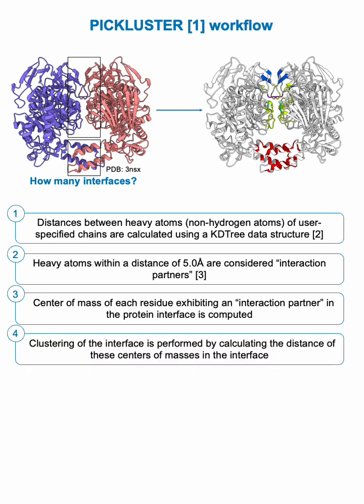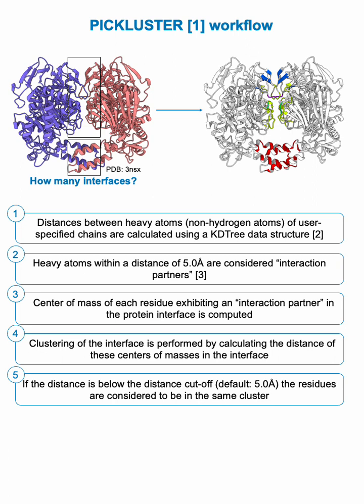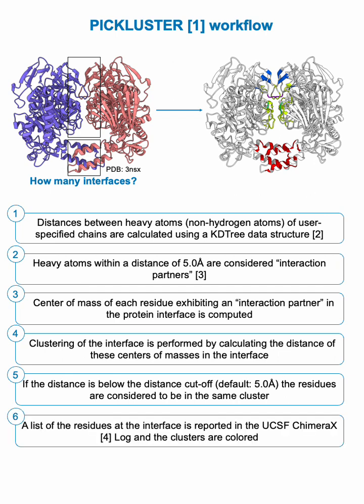The clustering of the interface is performed by calculating the distance of these centers of masses in the interface. If the distance is below the distance cut off, which is by default 5 angstrom, the residues are considered to be in the same cluster. In a last step, a list of the residues in the interface is reported in the UCSF ChimeraX log and the clusters are colored.